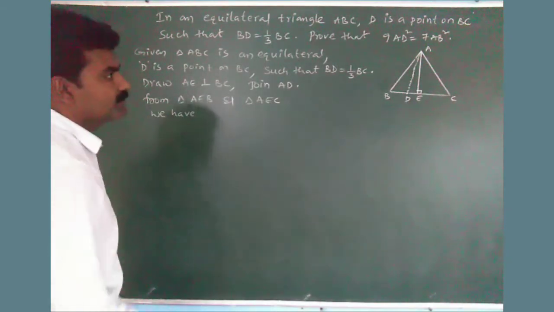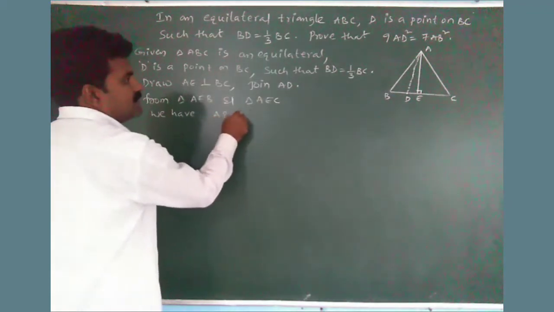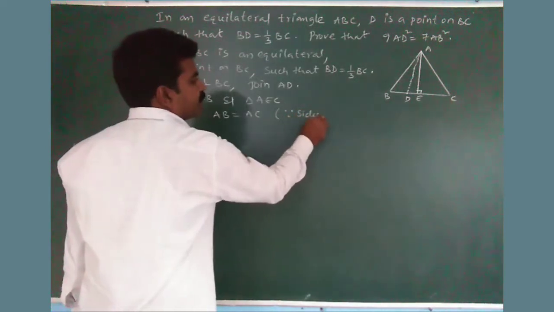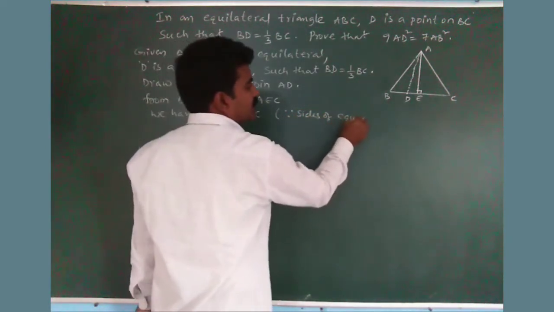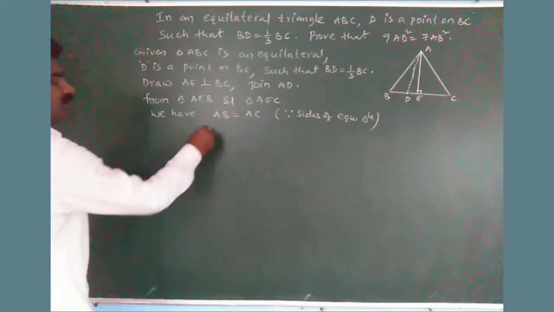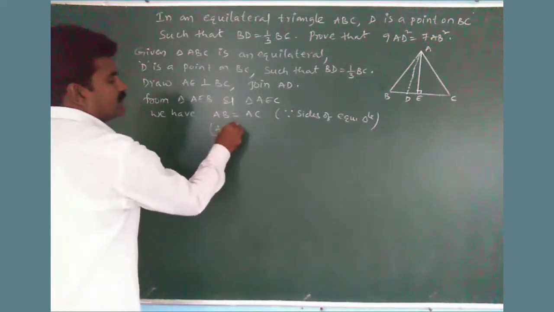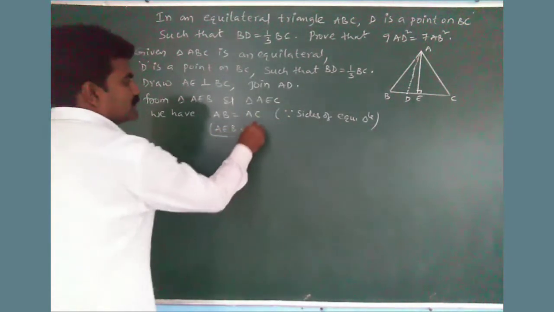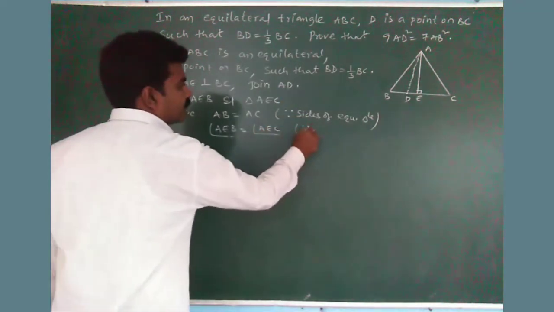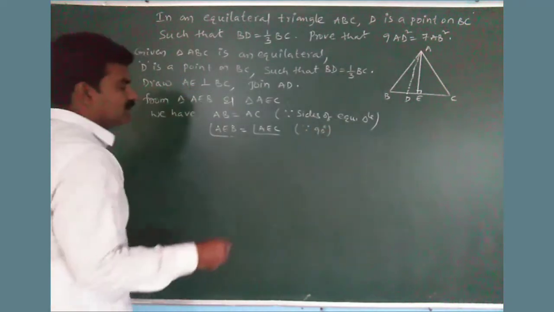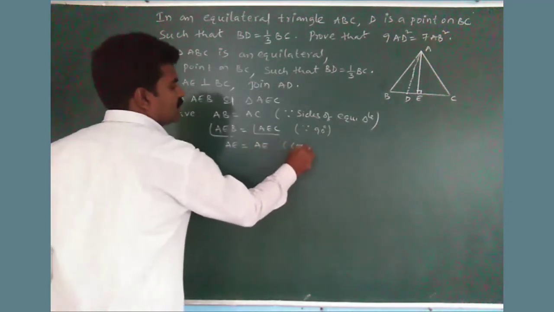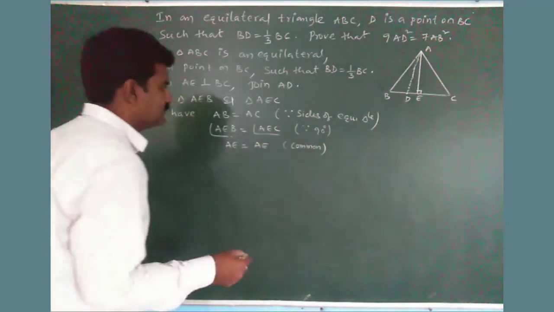First of all, I can write AB is equal to AC because of sides of an equilateral triangle, and moreover angle AEB is equal to angle AEC because of right angle, and AE is the common side.